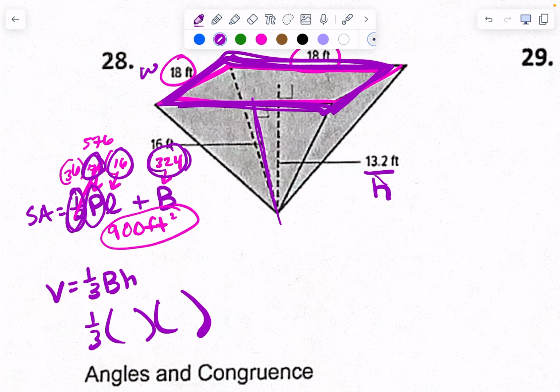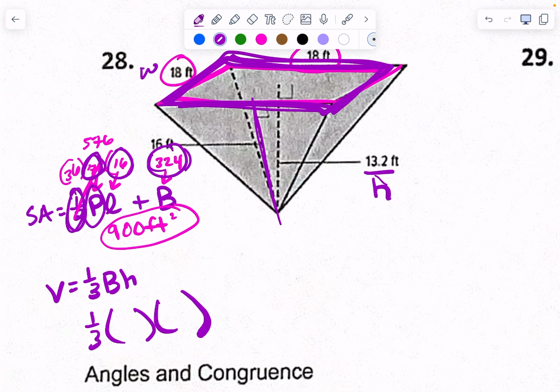It's not the same distance from here to here as it is from here to here. Correct, it's a shorter distance from here to here, but it's the same distance here to here, and here to here, and each of these corners are the same distance. So how would you find the distance from the bottom to the top corner?